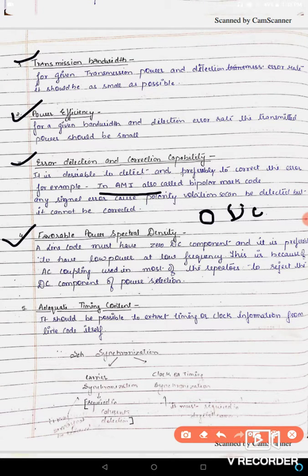Why is it important? Because we are using AC coupling. If DC is there between two regenerative repeaters, then it is going to be neglected and may introduce error in transmission.